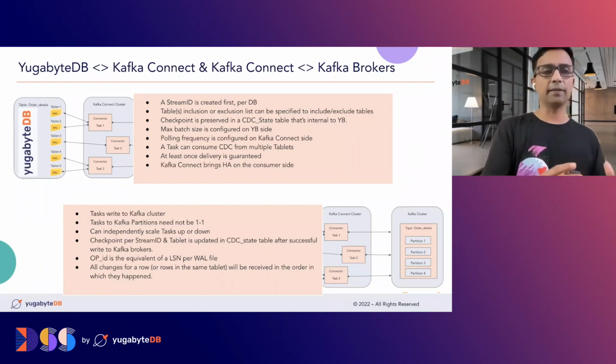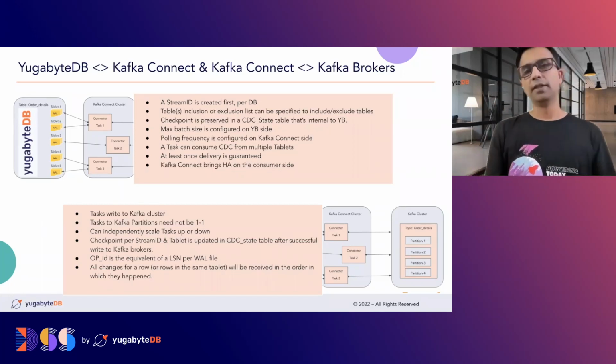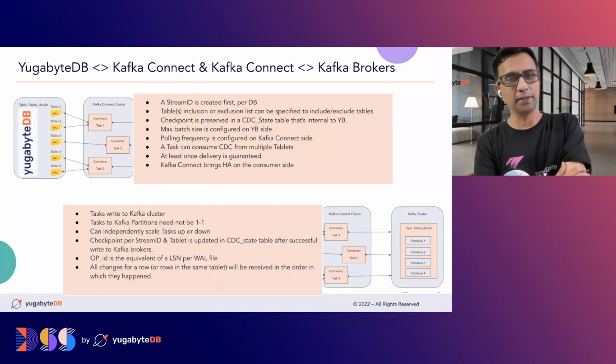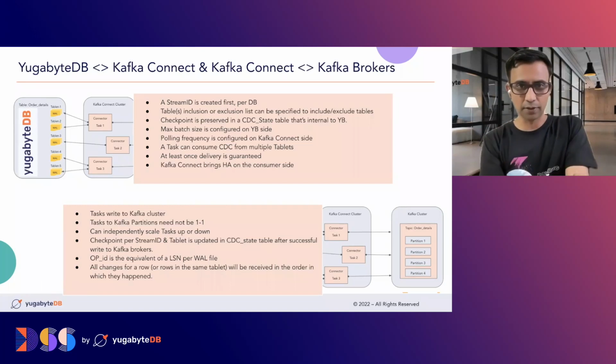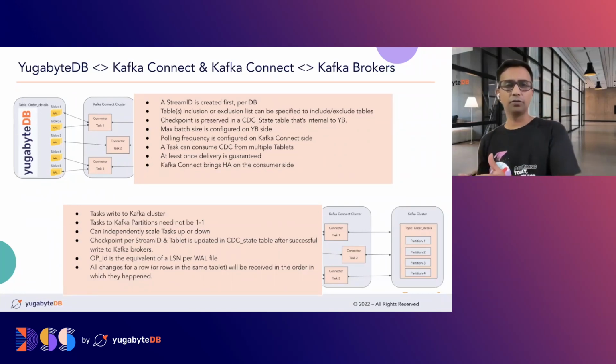For instance, if the database has hundreds of tables but you are interested in consuming CDC from just a handful, you could simply say these are the tables from which you want to consume change data. And then the checkpoint is the whole notion of Yugabyte keeping track of where the consumers are and how much change data they have consumed.